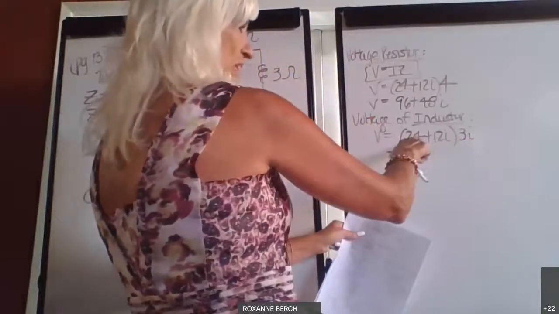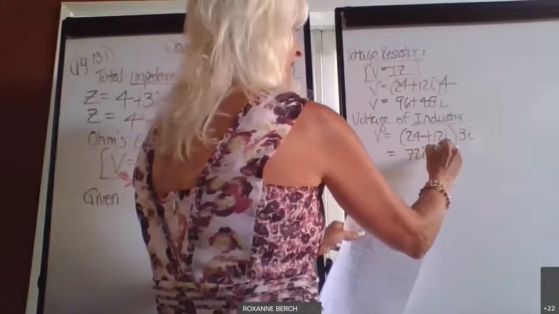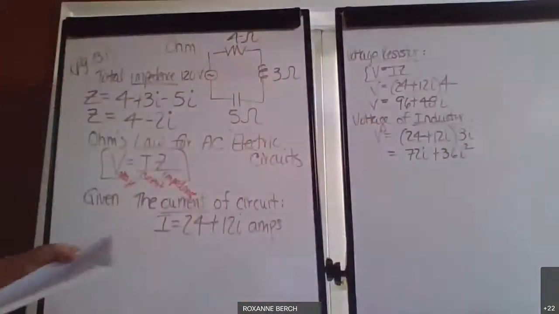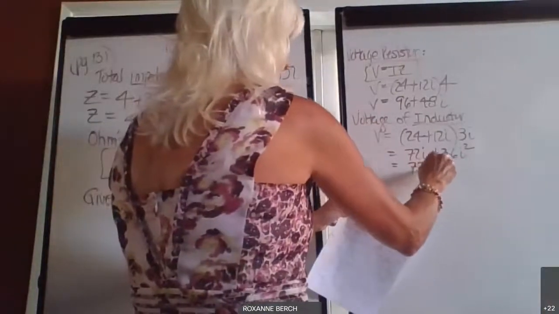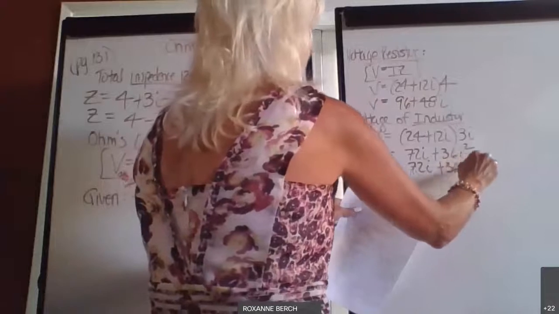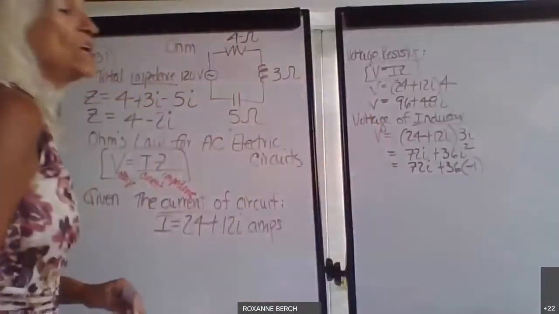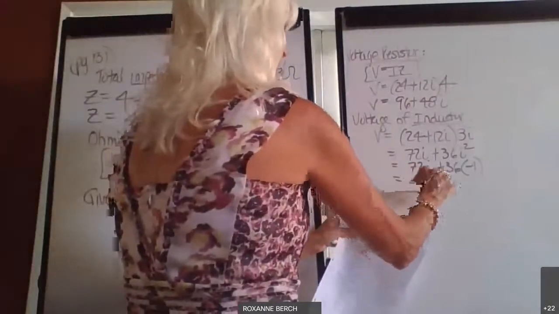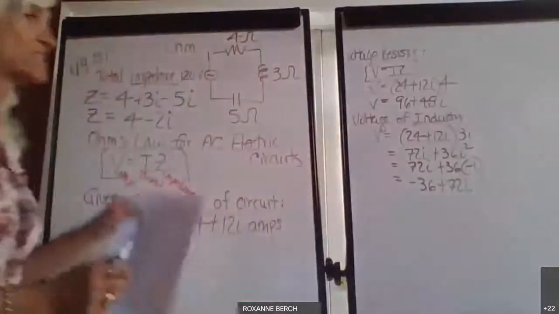So that's going to be 3 times 24, which is 72i plus 36i squared. So this turns out to be 72i plus 36. Take the i squared out and put a -1. Form of a complex number. -36 plus 72i. That's the voltage of the inductor.